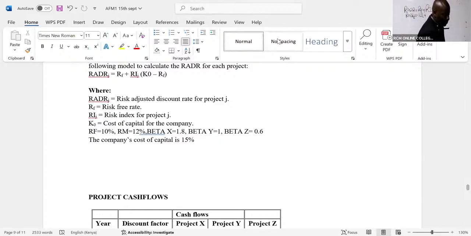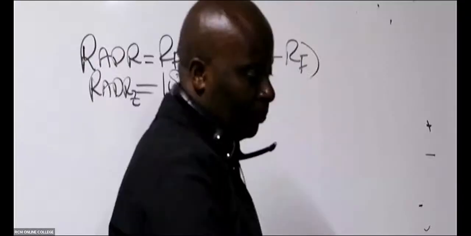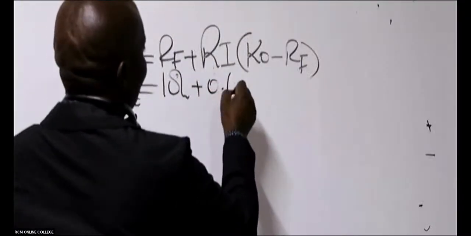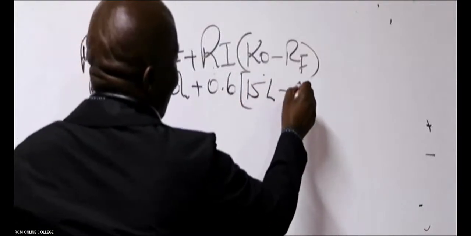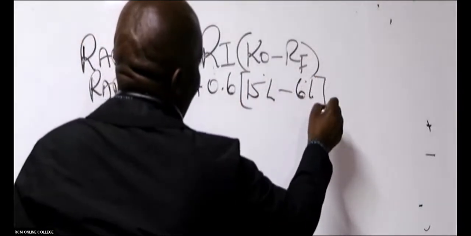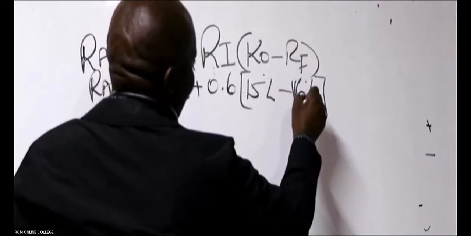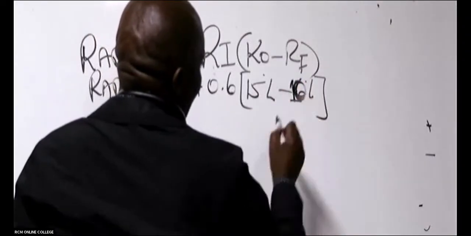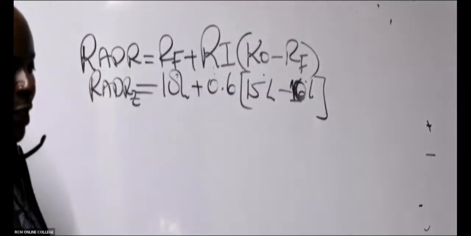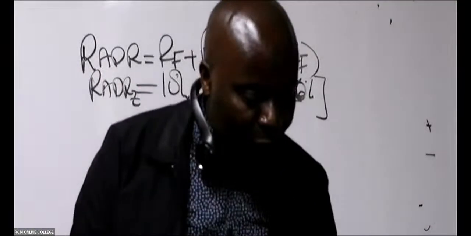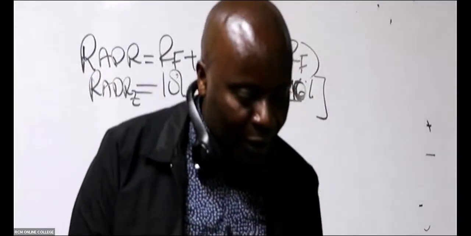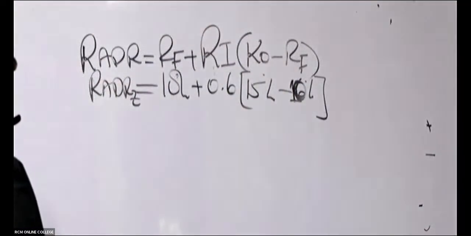Then the cost of capital of the fund is 15%. Are you able to give us this RADR for Z? Somebody is telling us that it is 13%.